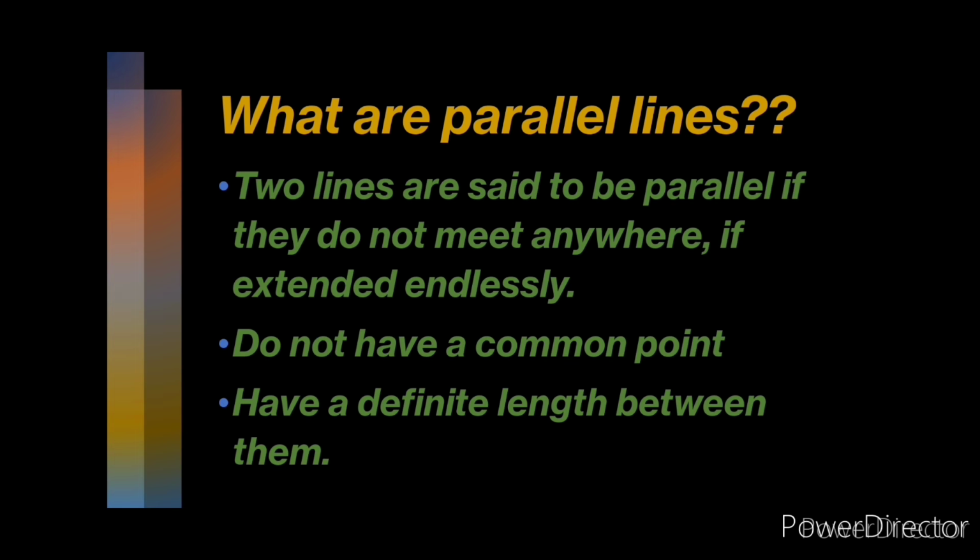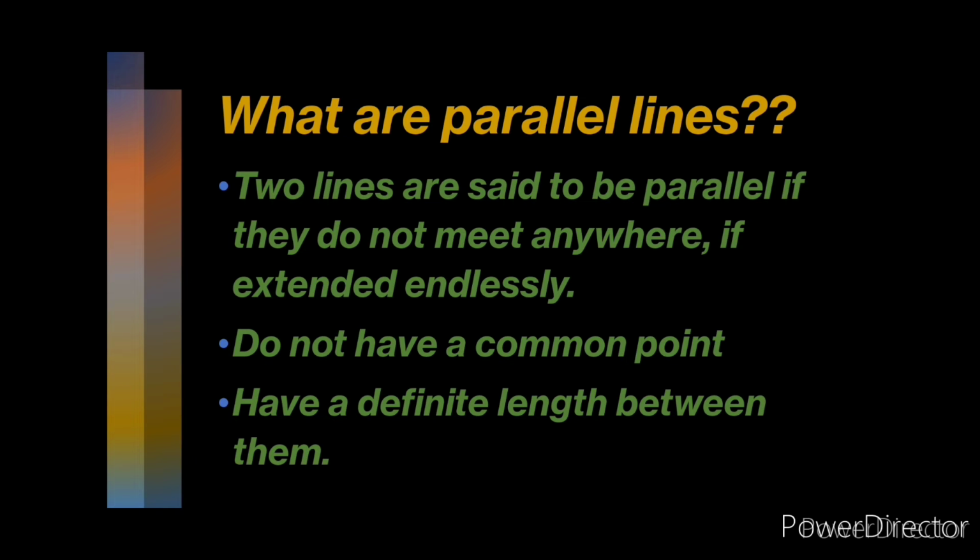Now let's move to our next topic, that is what are parallel lines. Here also we will study some properties of parallel lines. Two lines are said to be parallel if they do not meet anywhere if extended endlessly, meaning they are not intersecting each other at any point, and they don't have a common point, and they have a definite distance between them.